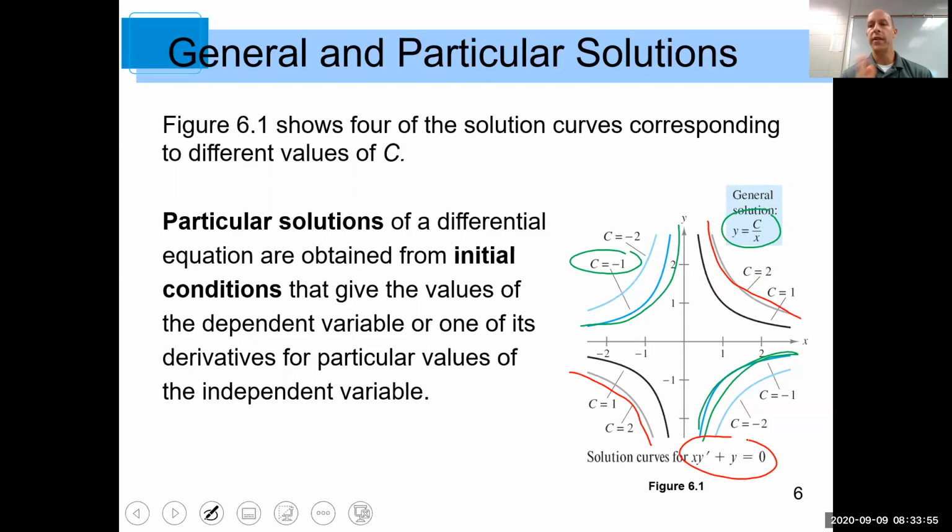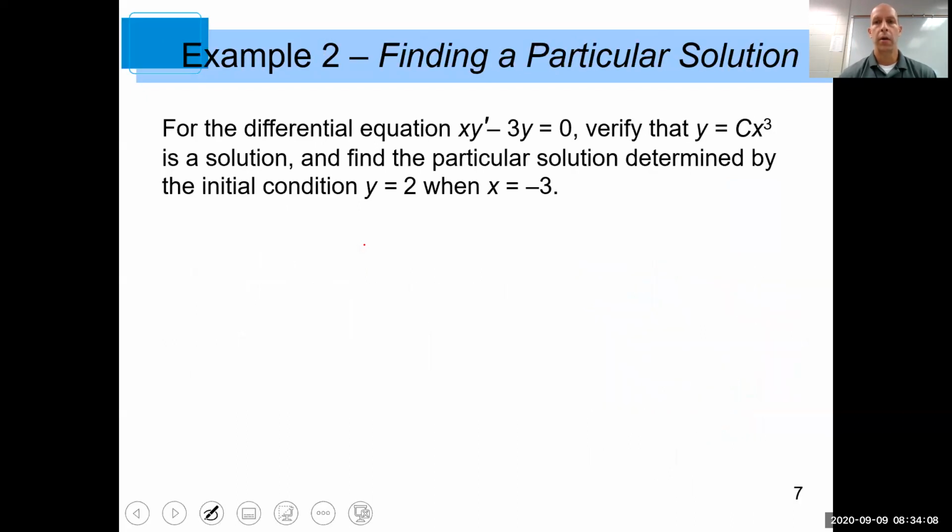If I want to know one specific solution, what we call a particular solution of a differential equation, then an initial condition has to be provided. So let's look at an example of finding the particular solution. For the differential equation x y prime minus 3y equals 0, verify that y equals cx to the third is a solution, and then find the particular solution determined by the initial condition y equals 2 when x equals negative 3.